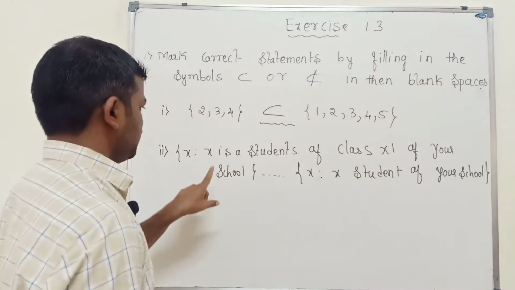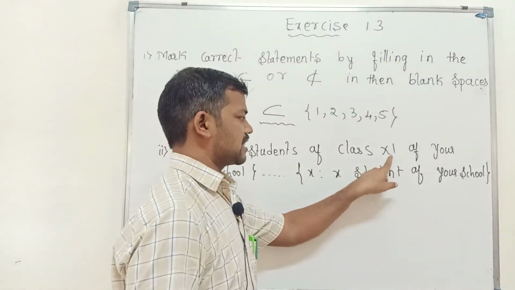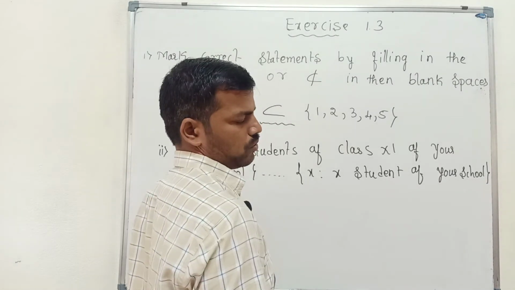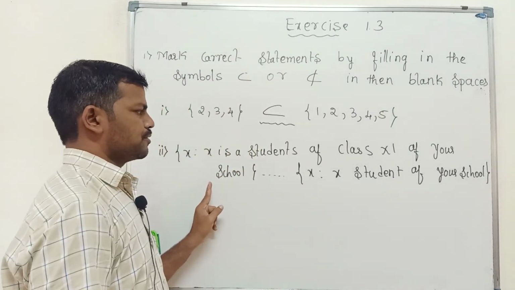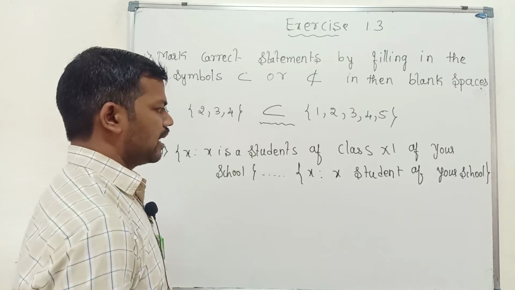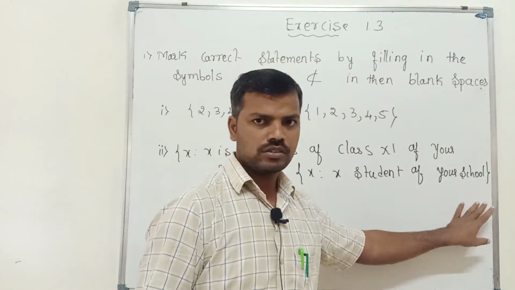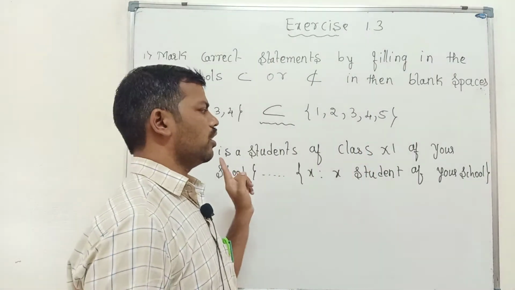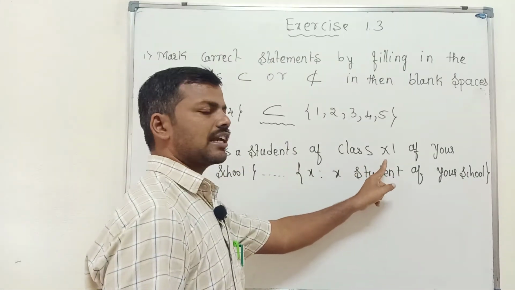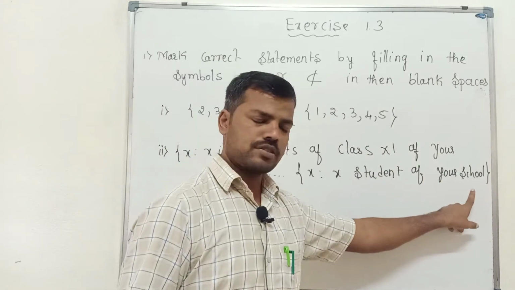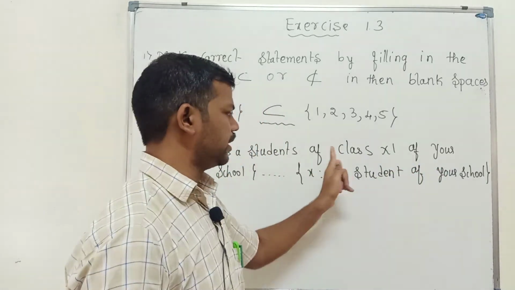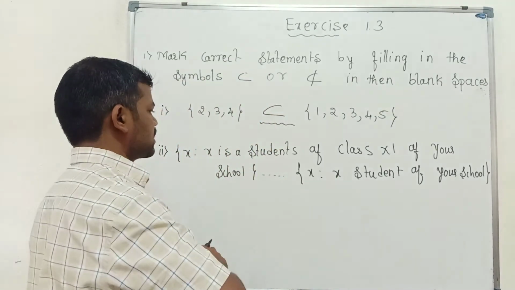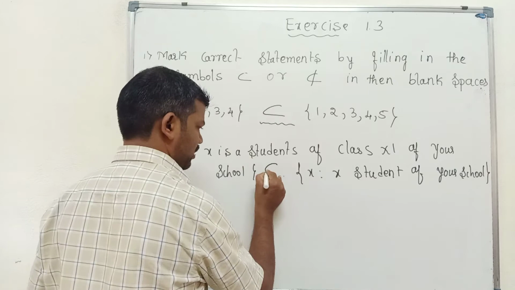So here x is a student of class 11 of your school. Every student of class 11 is a student of our school. Every student is there in the school, so this will become a subset of this.